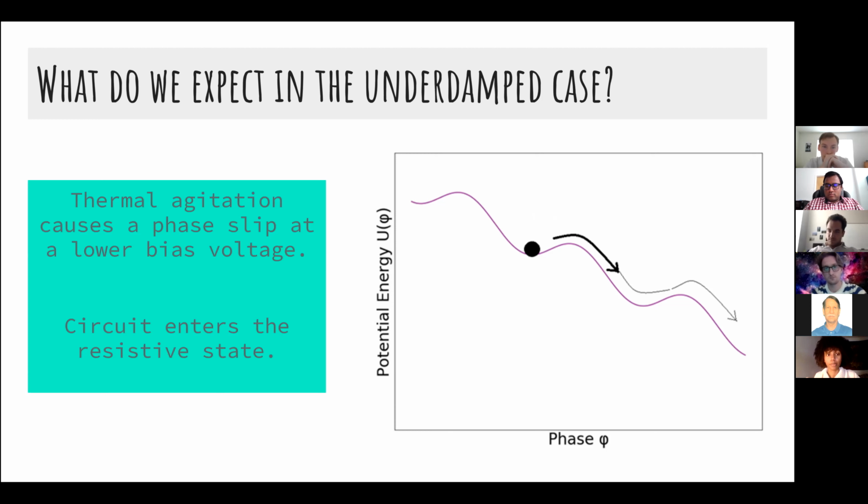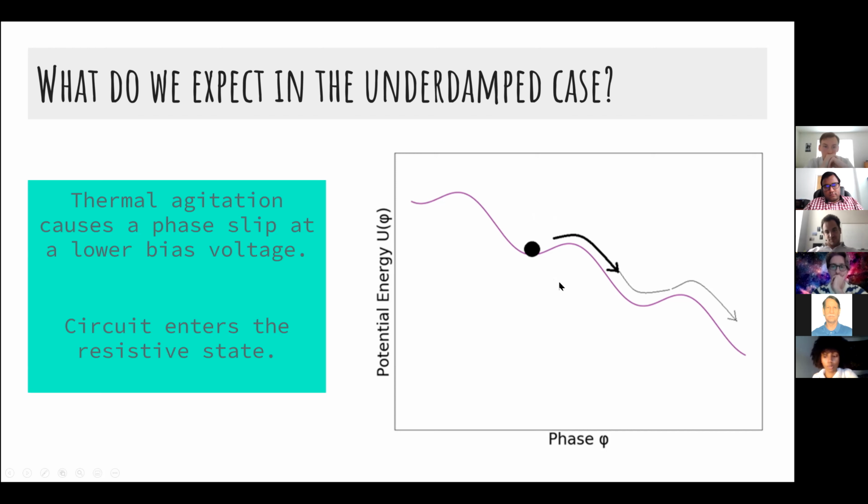And so what that means is you're seeing phase slips, or you're seeing the circuit slip into the resistive state at lower bias voltages than at low temperature. But specifically in the underdamped case, because there isn't a lot of friction along the washboard to stop that ball once it escapes out of a well, you're entering that resistive state right away, which isn't the case in the overdamped. I'll get into it.